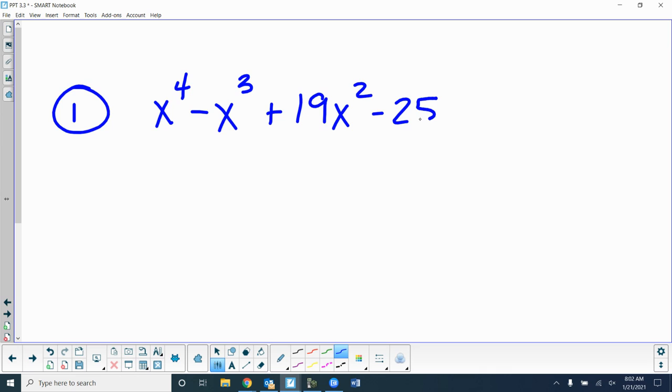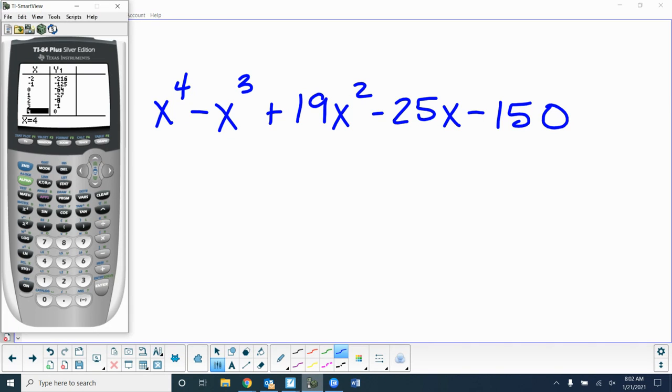Again, you don't know that beforehand; I just know it because I've done it already. But that's tough to factor, so let's not worry about factoring it. Let's just put it in our calculator in our y equals.